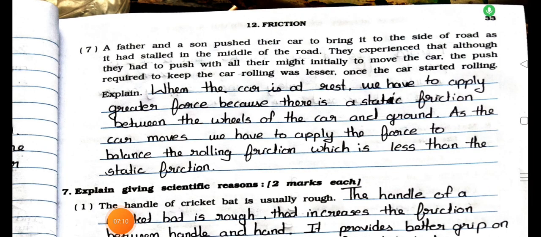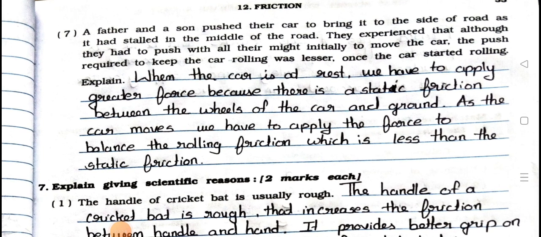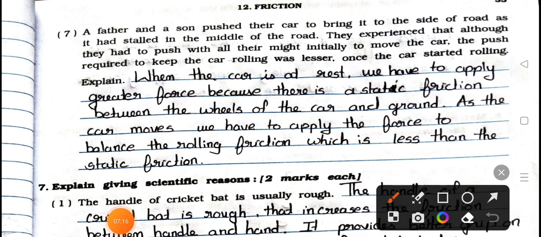See the question number 7. A father and a son pushed their car to bring it to the side of the road. As it had stalled in the middle of the road, they experienced that although they had to push with all their might initially to move the car, the push required to keep the car rolling was lesser once the car started rolling.